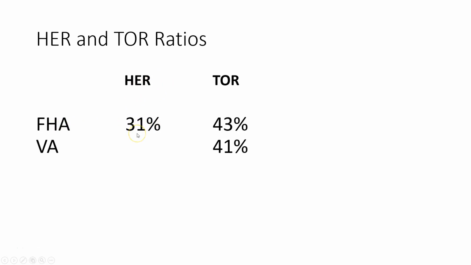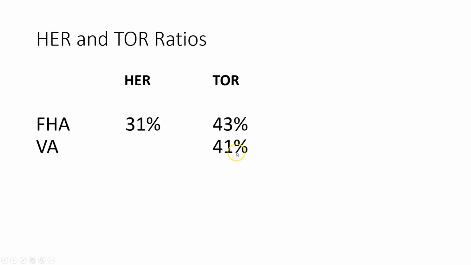That means the FHA only expects you to spend up to 31% of your gross monthly income on your monthly housing expense. And they expect your total obligations, which includes housing expense and other bits and pieces, to not exceed 43% of your gross income.